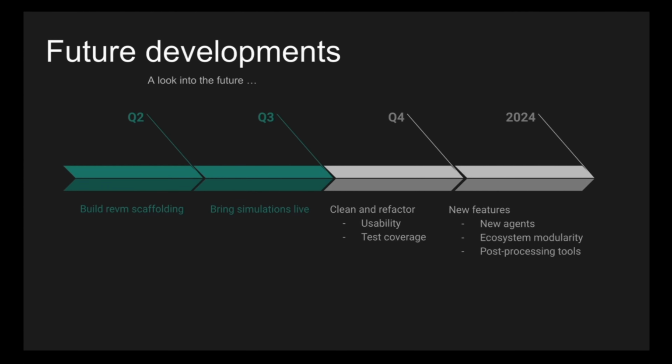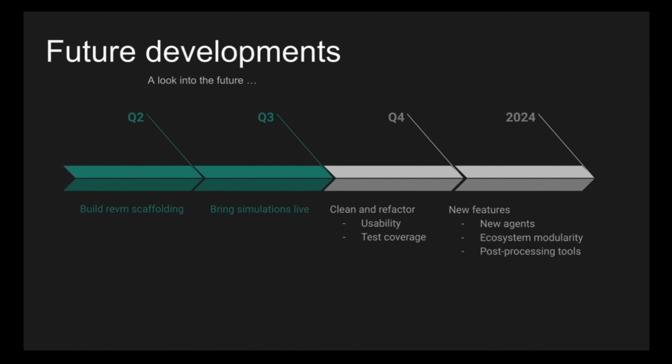Moving into Q3 of this year, our goals are to really take care of some of our technical debt and work with different teams and individuals on using Arbiter so that we can improve the usability and the test coverage of the repository.